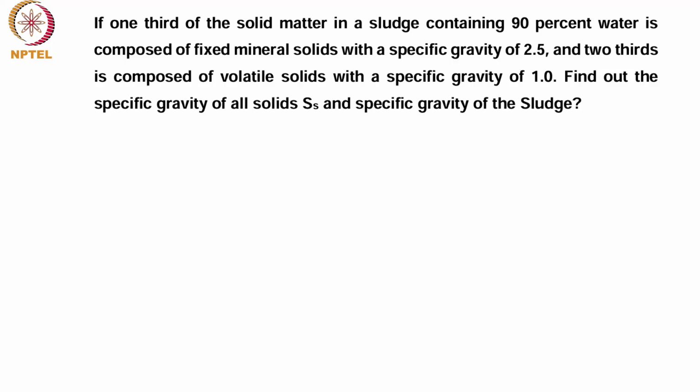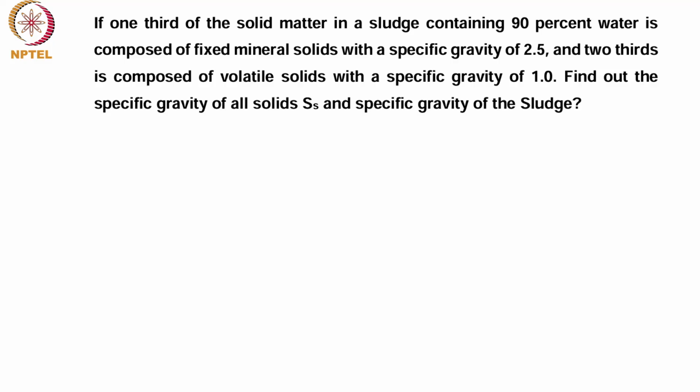So, Naidu, can you solve and tell me the answer for this? What is the specific gravity of solids from this equation? Can you solve and tell me? Ma'am, 1.02.